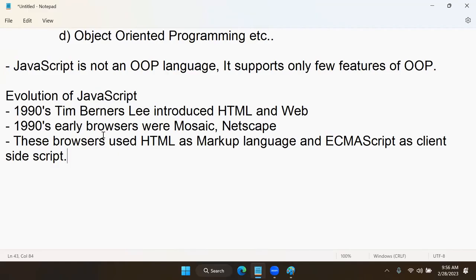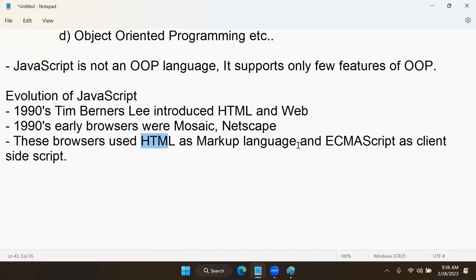So before JavaScript came, there was a script called ECMA script. Browsers used this script. It was developed by ECMA, the European Computer Manufacturers Association. They actually developed a script for a different reason. But this script was unable to manage HTML completely because it was not designed for HTML, but we were using it.